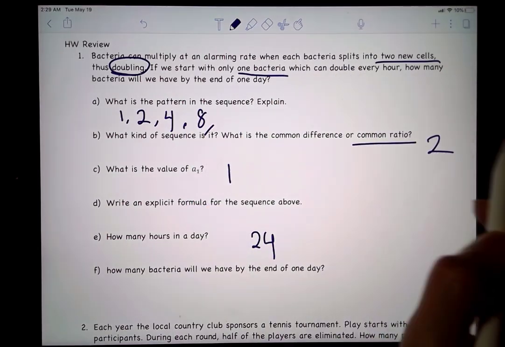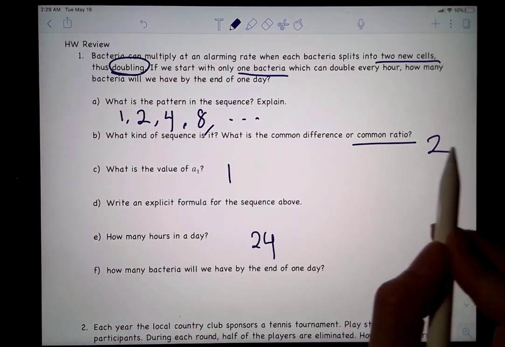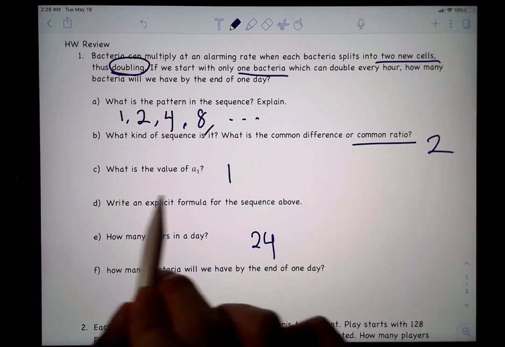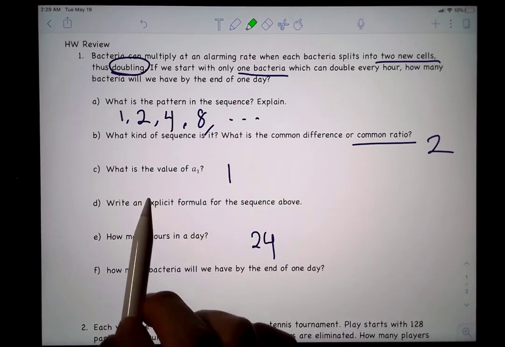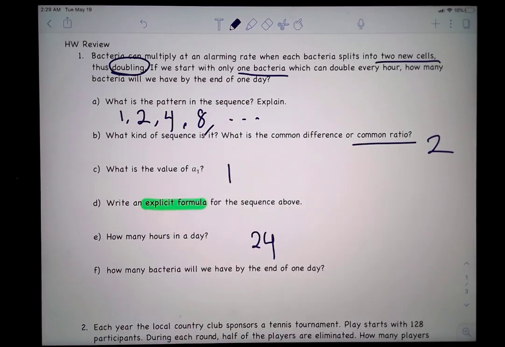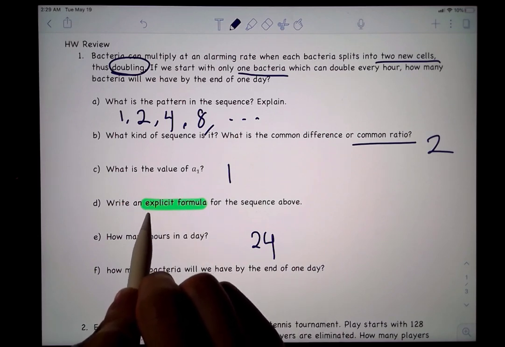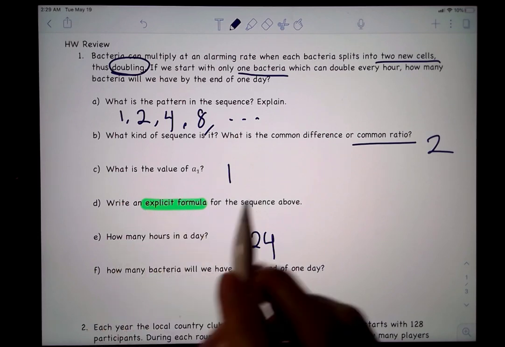So this is a geometric sequence. It goes like that, and our common ratio is 2. What is the value of A1? That is 1. I don't know why, probably in the lesson video I used the recursive form. But the question asks for the explicit formula, right?